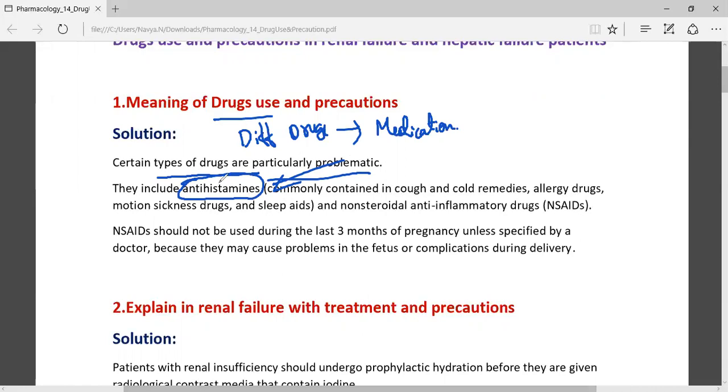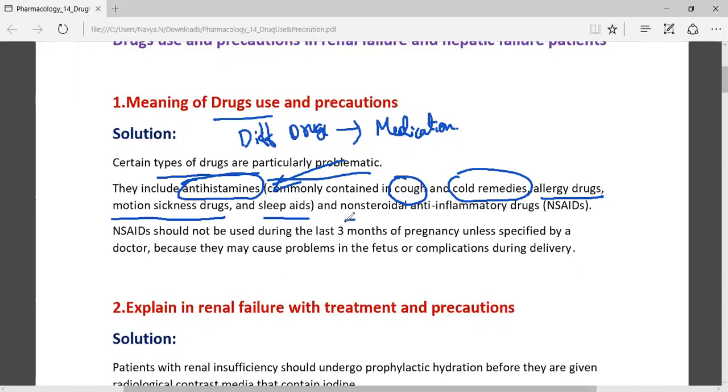Antihistamines are normally used to treat cough or cold remedies, allergy drugs for any allergic issues, motion sickness drugs and sleep aids. We get motion sickness drugs or sleep aids in the form of antihistamines.